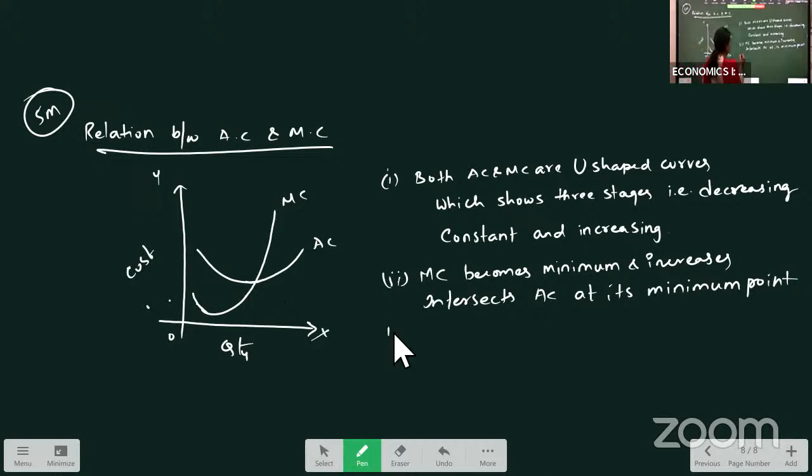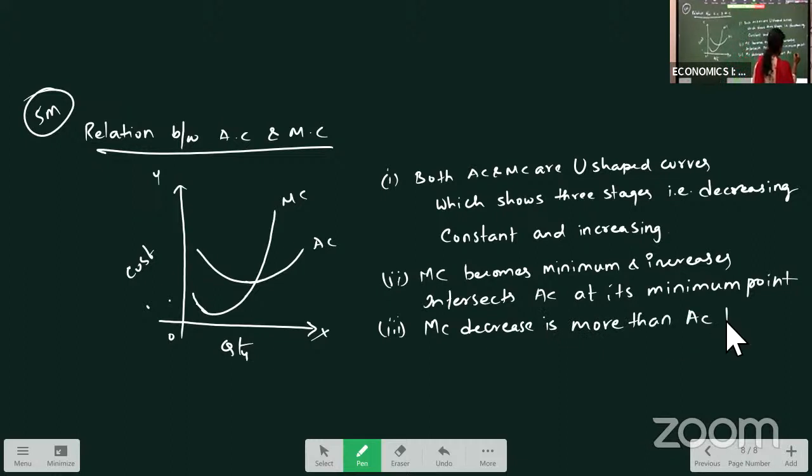And another point of relation you can write here. When AC and MC are decreasing, MC decrease is more than AC decrease. And one more point, when both start increasing after reaching minimum, both MC and AC are increasing. So that will be your fourth point.